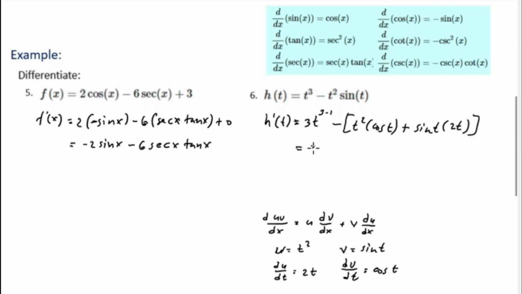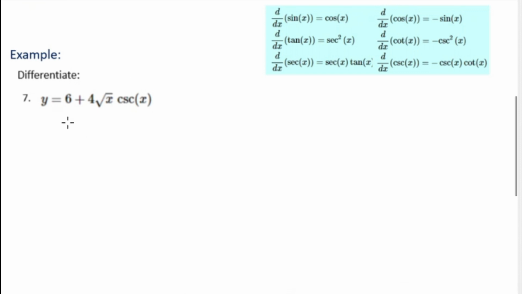And simplify. 3t to the power 3 minus 1, or 2, minus t squared cosine t plus the constant 2t, and the function, which is sine t. And this is the derivative.